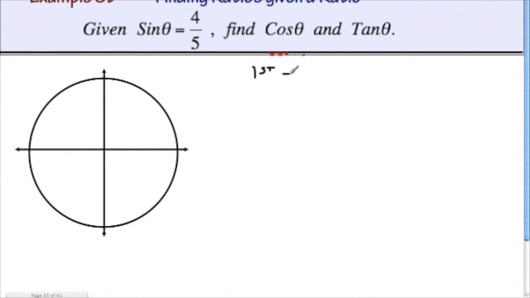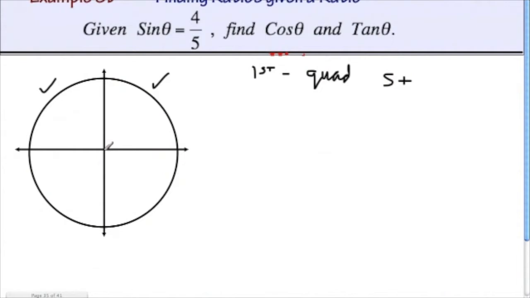The quadrants are determined by the sign. This is a sine, and this is a positive fraction, so it's sine positive. Sine positive I know is in quadrant 1 and in quadrant 2. So that helps me.